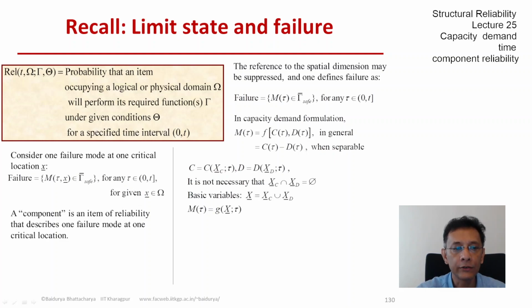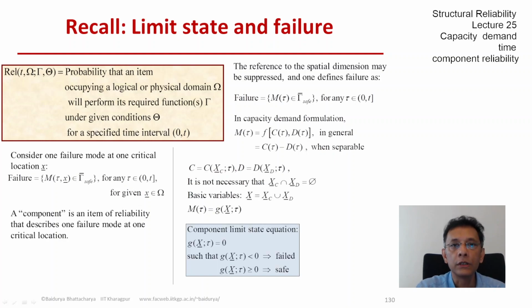The whole set of those variables we call basic variables, and in structural reliability that safety margin is called the limit state function, the performance function, and so on, G, which is a function of basic variables, and time explicitly. For the component, if G is our limit state function, G equals 0 is our limit state, G less than 0 implies failure, G greater than or equal to 0 implies safe or acceptable performance.